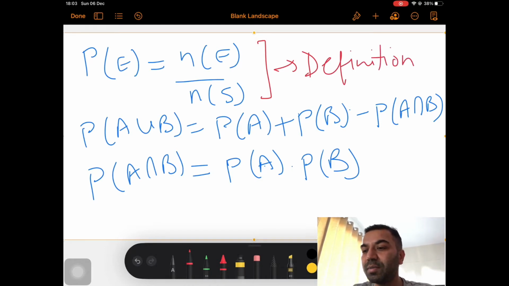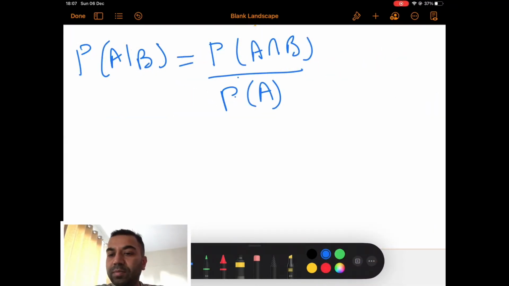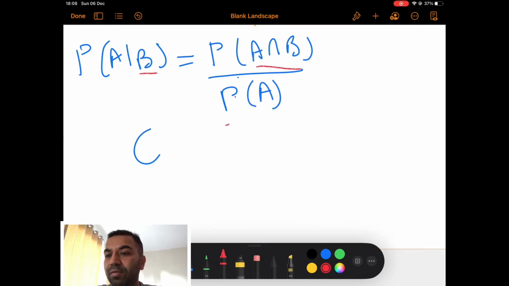We also discussed the addition theorem of probability, which is probability of A union B is probability of A plus probability of B minus probability of A intersection B. We also studied the multiplication theorem of probability, which says probability of A intersection B is probability of A and probability of B. We also studied conditional probability, which says that the probability of event A happening when B has already happened is probability of A intersection B divided by probability of A.